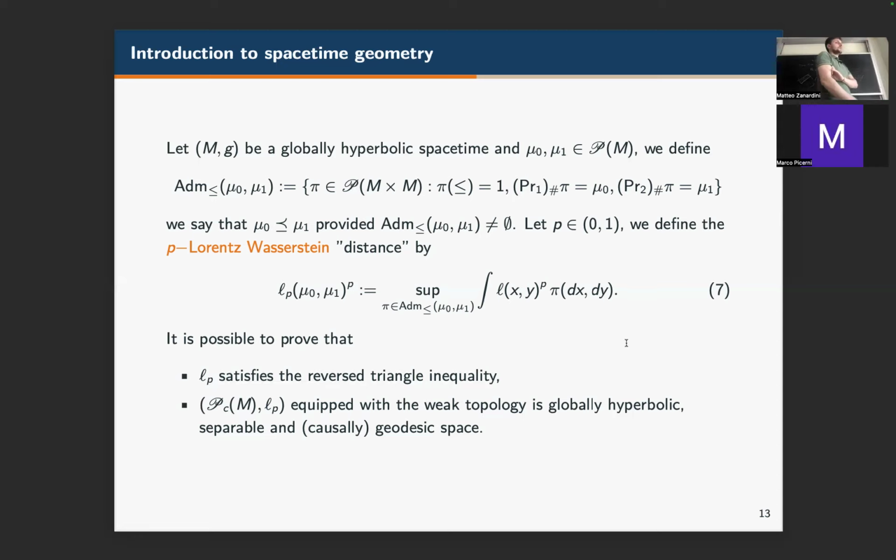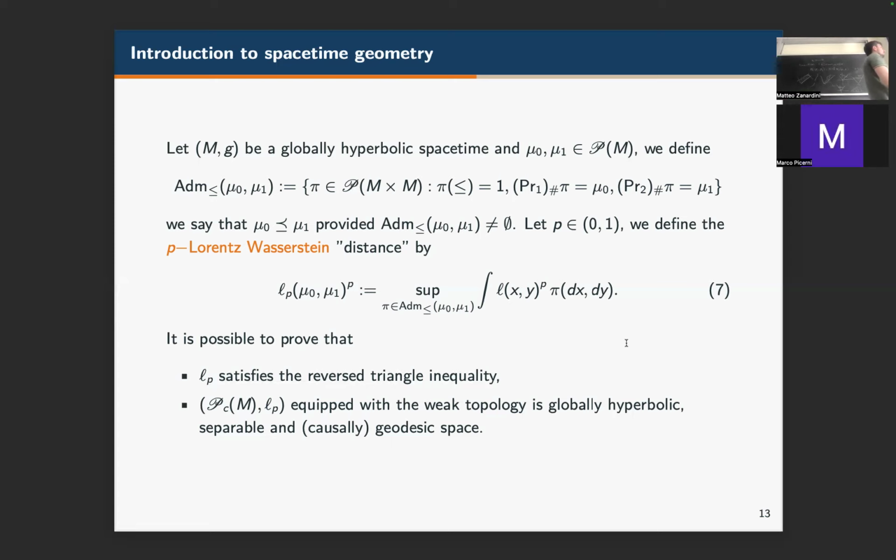So you consider another type of Kantorovich problem, and this induces a sort of time separation function at the level of measures. You can check very easily, very similar to the Riemannian case, that L_p satisfies the reverse triangle inequality.